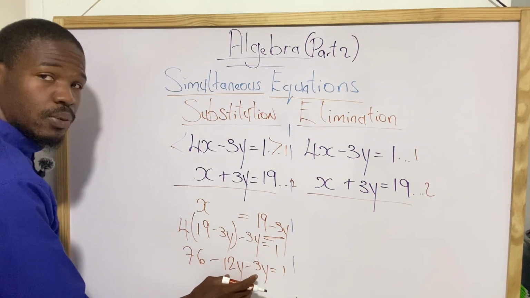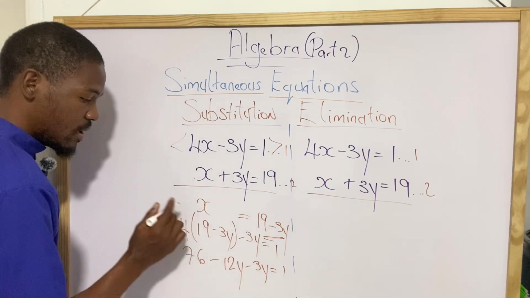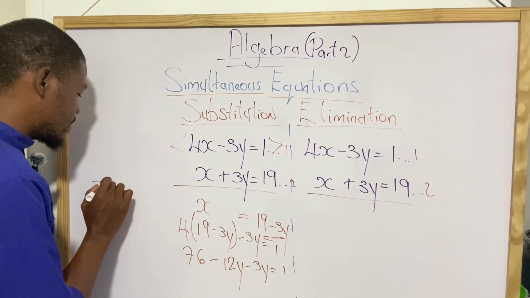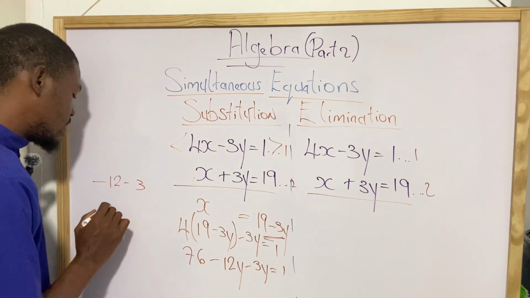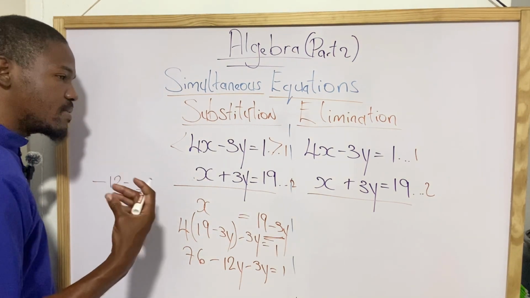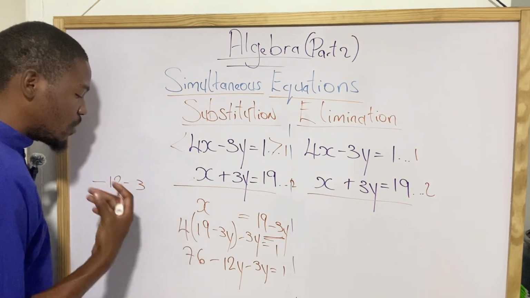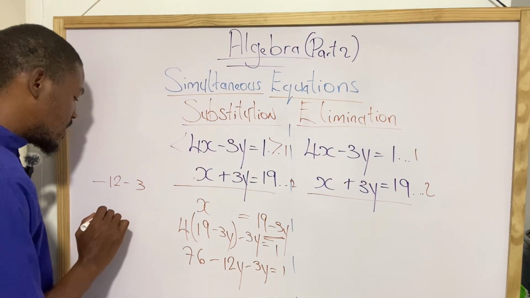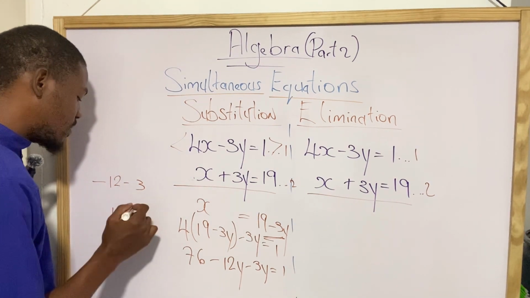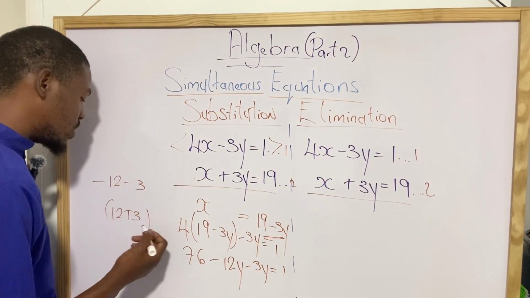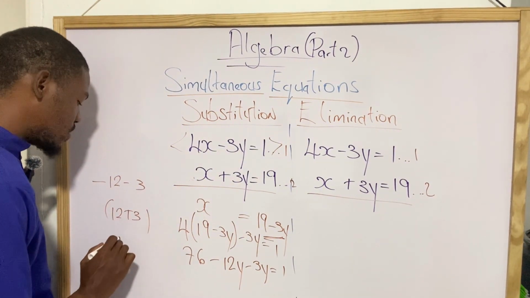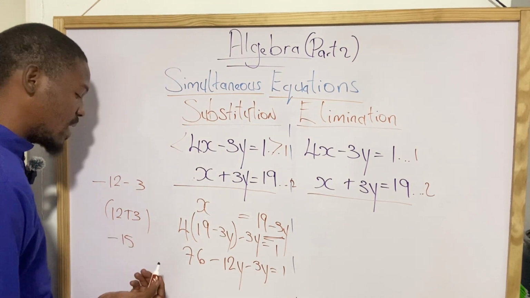Now when we're talking about negative 12y minus 3y, if we have a negative being subtracted by a negative, the rule is that once you have the same signs, we add. So when we have negative 12 minus 3, we're going to add 12 and 3, right? And then we just keep the sign. So 12 plus 3 is 15, and then we keep the sign.